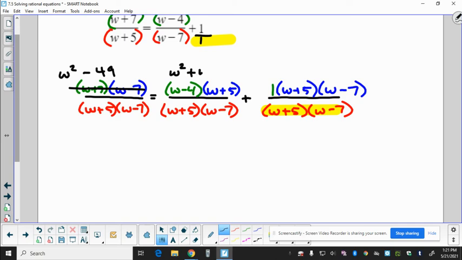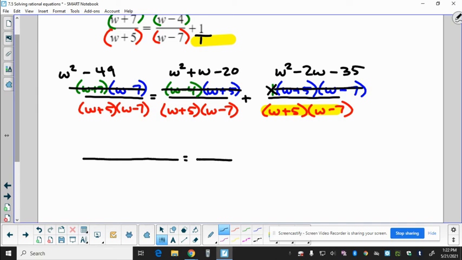That's plus 1w minus 20. Here, don't even worry about that 1. w squared plus 5 minus 7 would be minus 2w minus 35. Okay, we are ready to write an equation with a denominator of w plus 5, w minus 7.